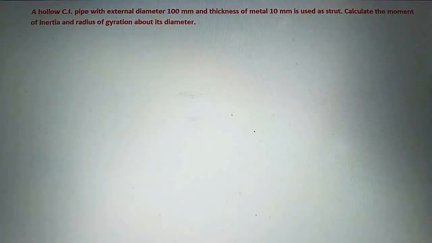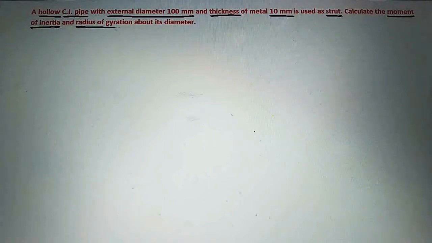The question is, a hollow cast iron pipe, that is CI pipe, with external diameter 100 mm and thickness of metal 10 mm is used as a strut. Calculate the moment of inertia and radius of gyration about its diameter. First of all, see here, a hollow cast iron pipe is used as a strut.